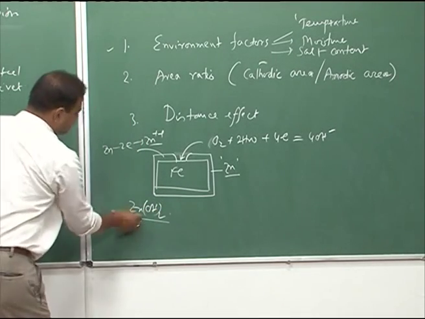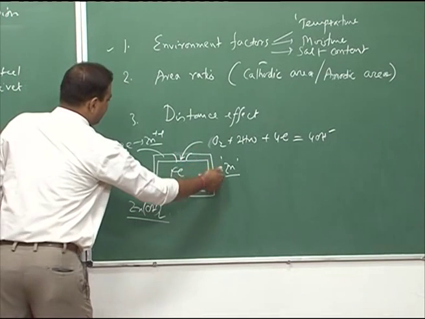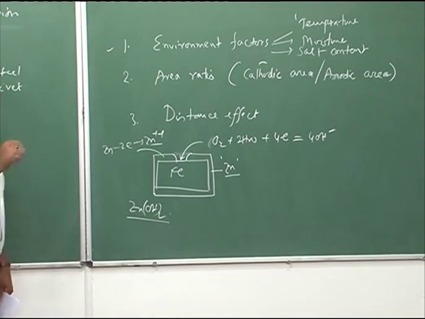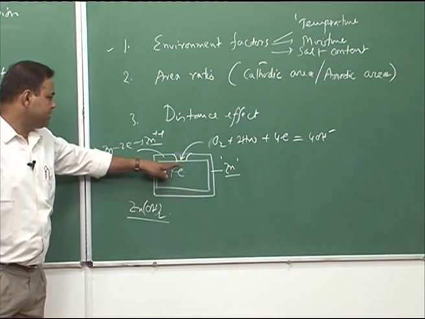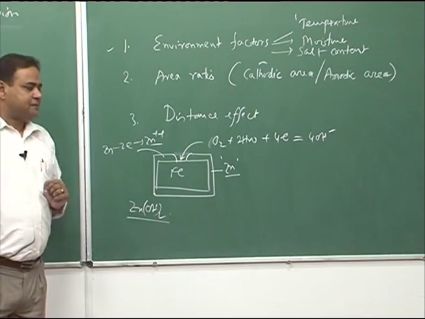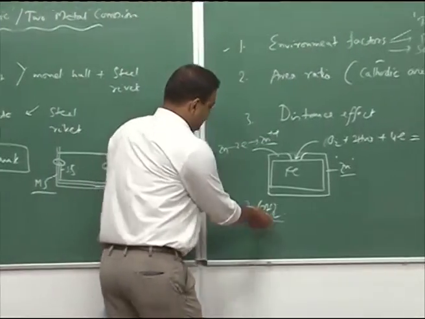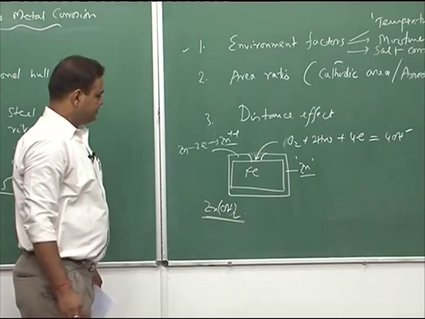Zinc hydroxide forms on the surface as a loose powder, and the iron still acts as cathode, zinc acts as anode, and the iron is cathodically protected.